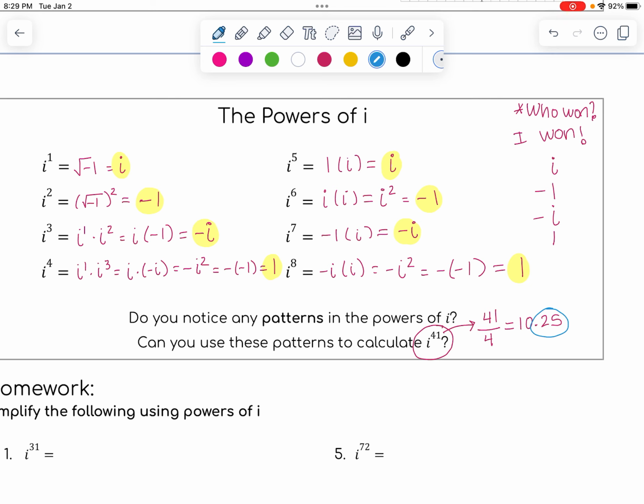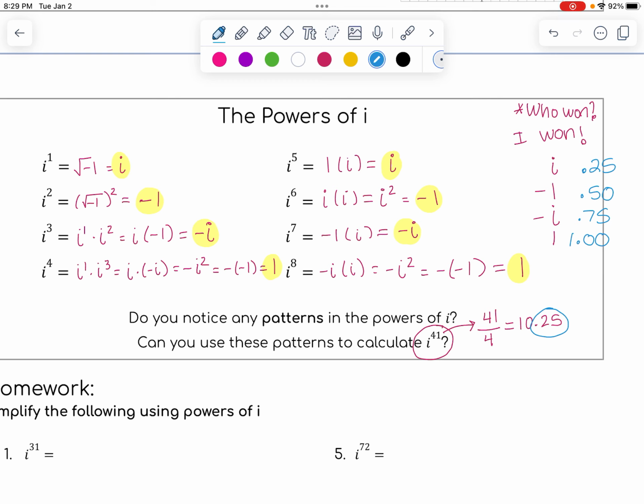Now, we're talking about winning. Well, if you're winning something, the best thing to win, of course, is money. So to help you figure out what part of the pattern this number lies in, we can think about money. To get to $1 using quarters, you have 1/4 is 25 cents, 2/4 is 50 cents, 3/4 is 75 cents, and 4/4 is $1 full.